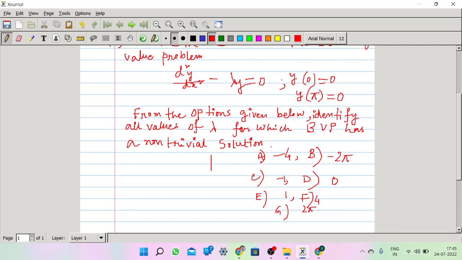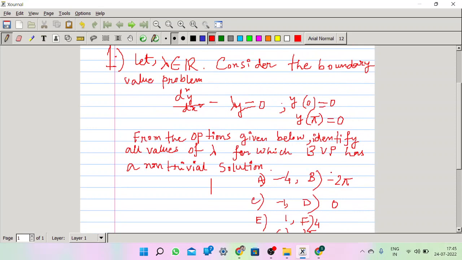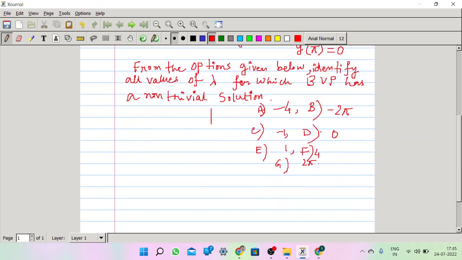So now I want to solve this problem. This problem is a second order boundary value problem for which a non-trivial solution exists.